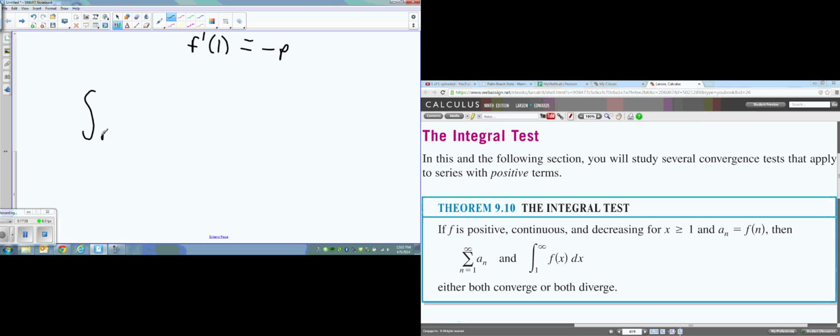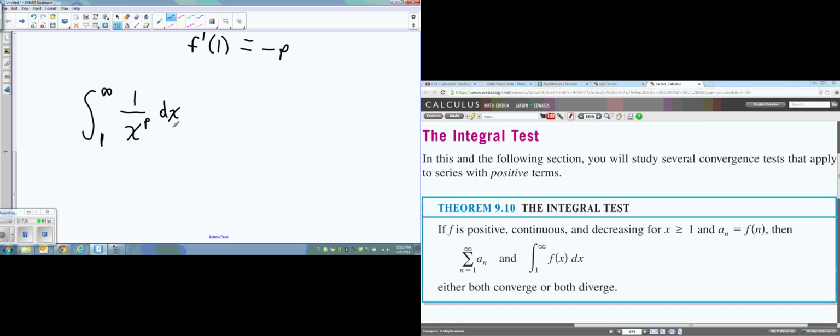So I'm going to take the integral from 1 to infinity of f of x, which is 1 over x to the p power, and we're going to look at this integral.